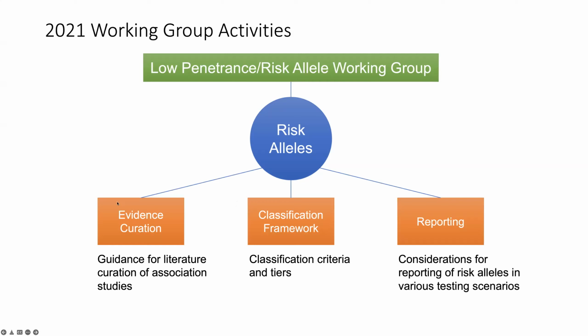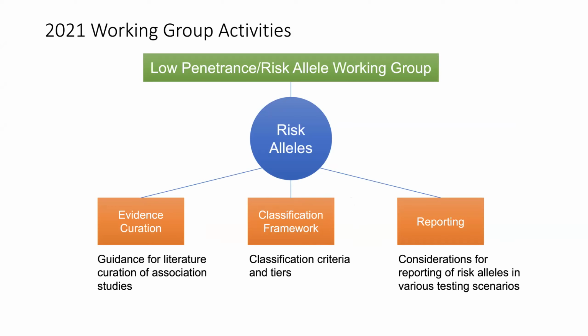So we had three main activities in the working group. We tried to come up with some guidance for evidence curation. These are things that folks like yourself, or other people looking at these variants, should consider when curating the literature, to bring everyone up to some baseline level of knowledge. We developed a classification framework. I'll show you that proposed framework in some subsequent slides.